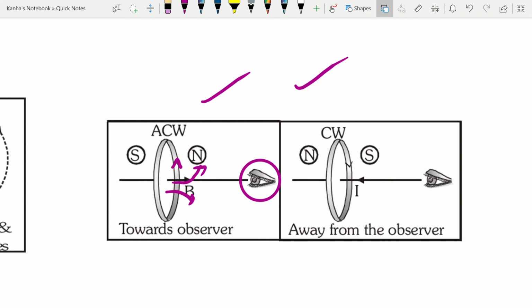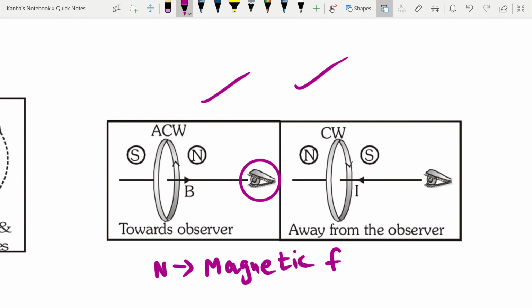So you can see that this small circular wire or a coil is nothing but a small magnet, and there are two poles of the magnet. One will be termed as the north pole, one as the south pole. Why is that so? From the north pole, we know that magnetic field lines come out.